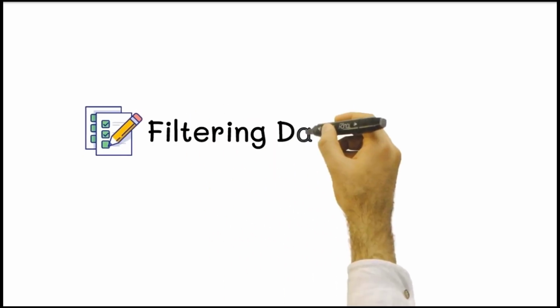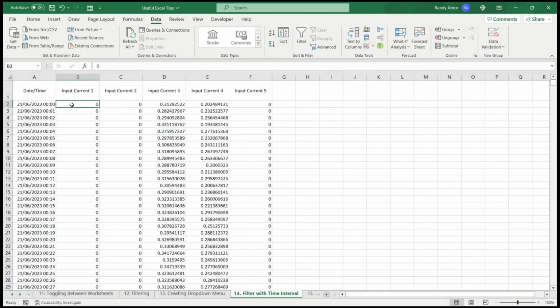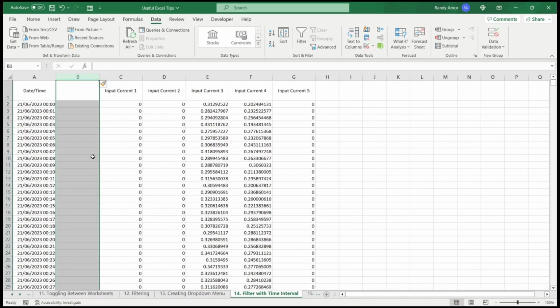Number 14. Filtering date time with interval. In this example, the table shows the current readings every minute for the whole day. If you want to get the values, say for every 10 minutes only, insert a column beside the date time column.